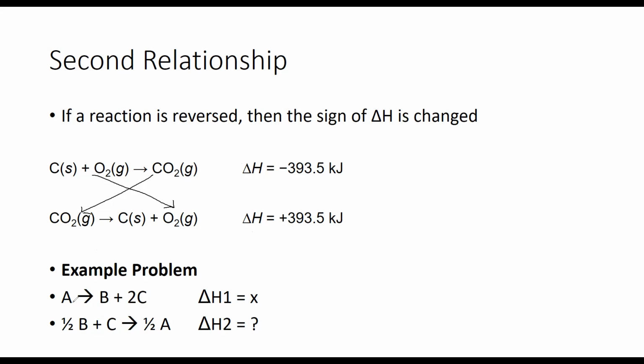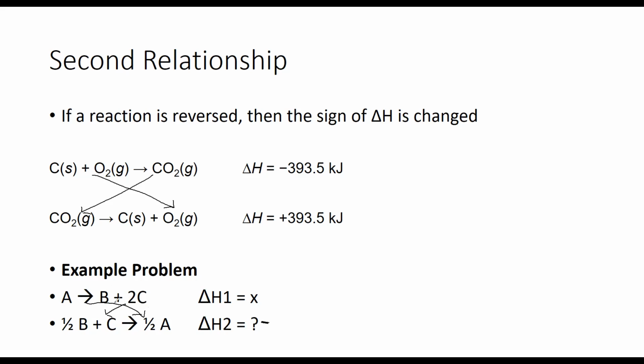So let's say A plus B goes to 2C. That is an enthalpy change of X. Well, what if we had the reaction 1/2 B plus C goes to 1/2 A? So here we are doing our reversal. So we know if this was a positive value, this should be a negative value.